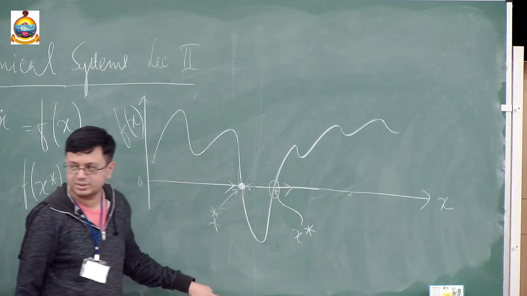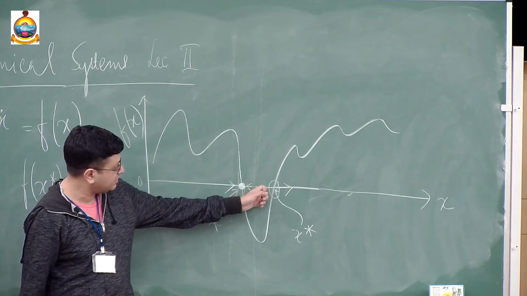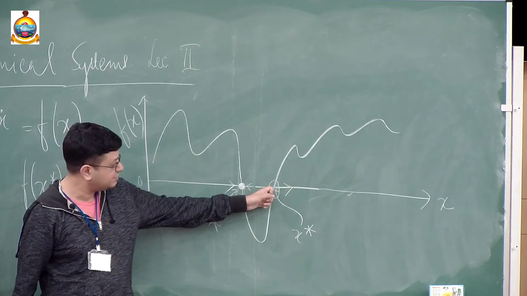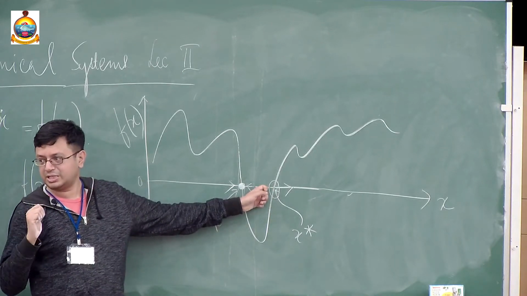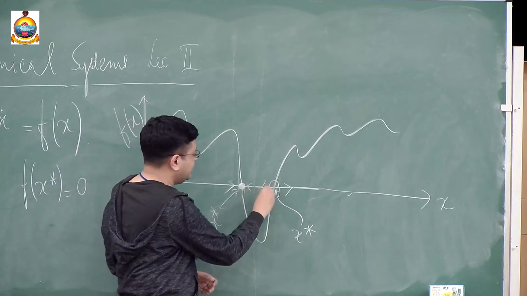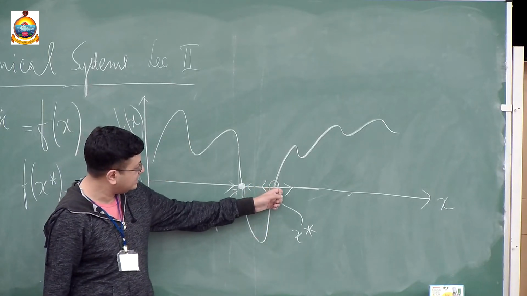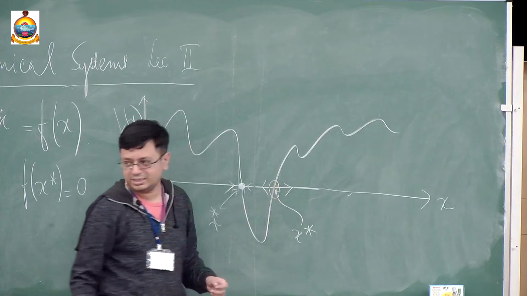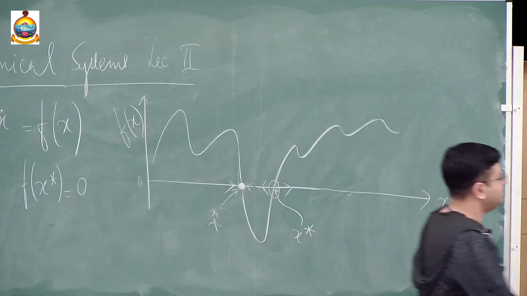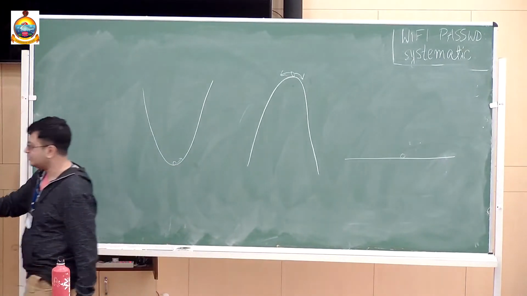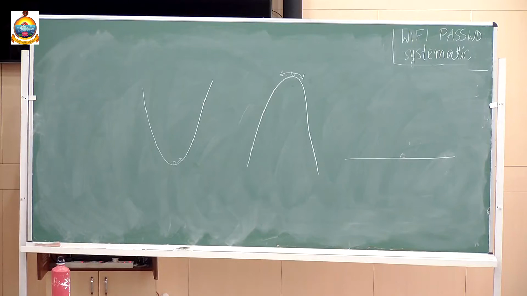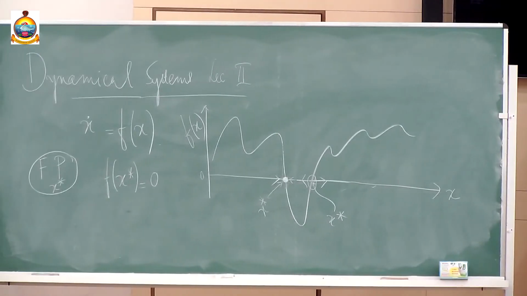So I put an arrow this way, and the opposite is going to happen here: if I start from an x which is to the left of x star, the velocity is negative, so x is going to decrease. So I put an arrow here, and this shows that this point is unstable. It is unstable in the same sense as this one. If you make a small perturbation to the left, you are going to go this way. If you make a small perturbation to the right, you are going to go that way. And the convention is to denote an unstable fixed point by an unfilled circle, like an open circle.